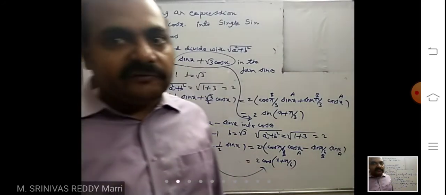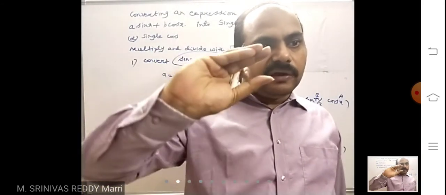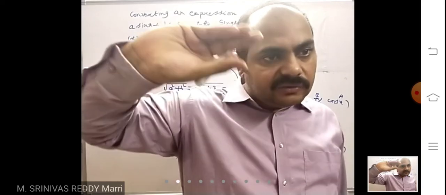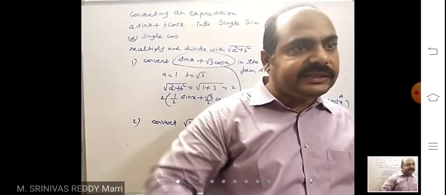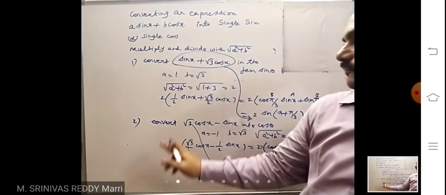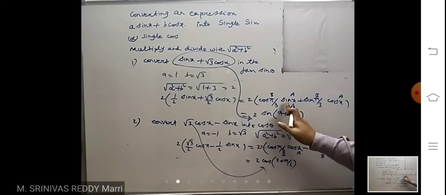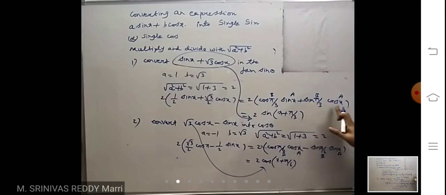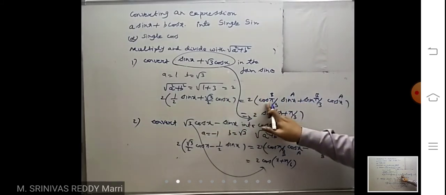So like that, whenever A sin x plus B cos x is there, if you want to convert that expression into only sine or only cos, multiply and divide it with root of A square plus B square. After multiplication with this, if you want to write in sine, one sine must be there, one cos must be there in everything. That's why half I have written in cos.